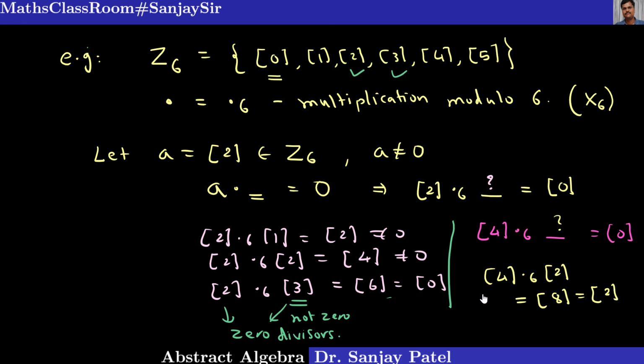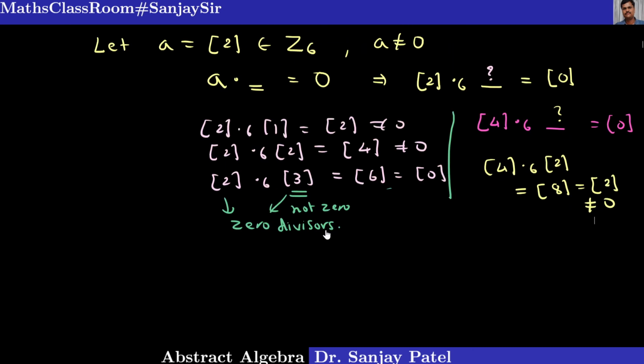Okay, so the remainder when 8 is divided by 6 is 2, and 2 is also not 0. So 4 into 2 is 2, it is not 0. If you put 3, then yes, you will get 4 into 3 equal to 0. Why?